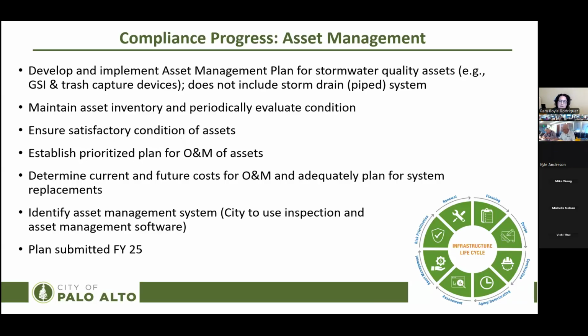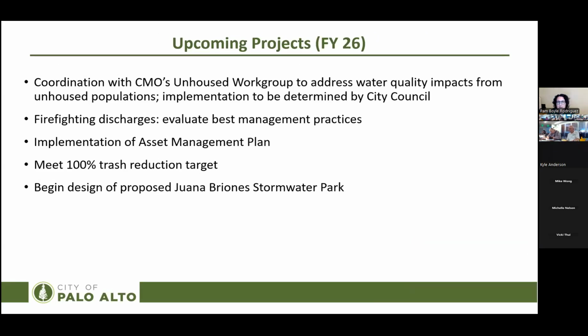So it's looking at an inventory, the condition, figuring out how much we have to maintain it, and have a work order program in place, and then have a funding mechanism for that. And for upcoming projects, we'll be working with some of those things that I talked about: working with the CMO, the firefighting discharges, implementing that, and beginning design of the Juana Briones project.